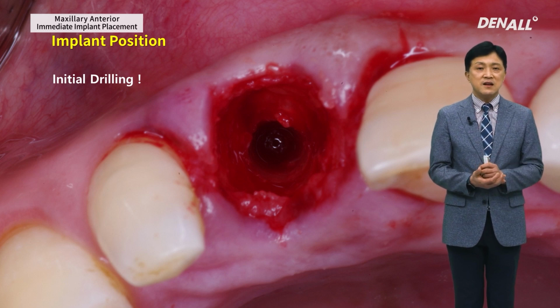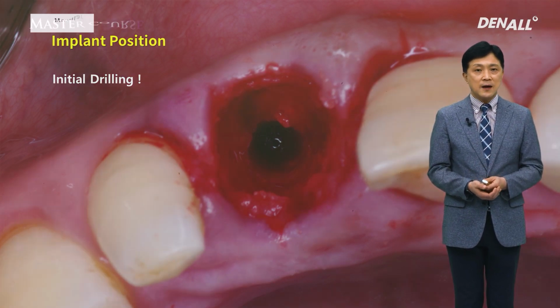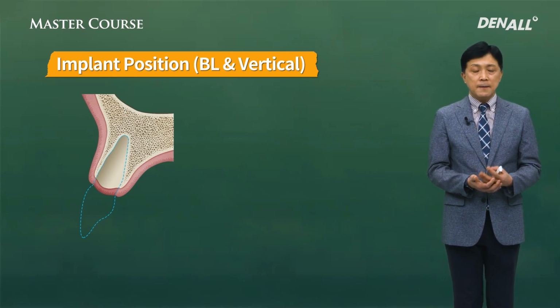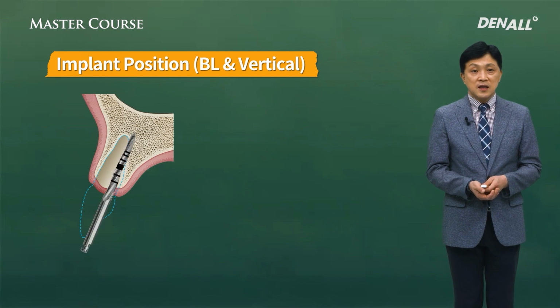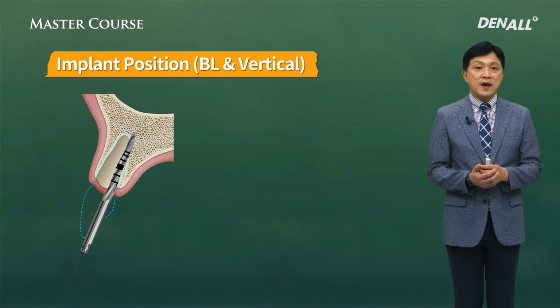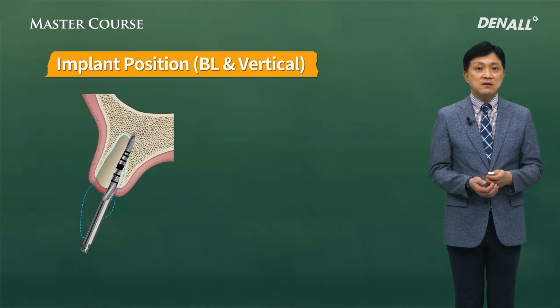If you look at this illustration, this is the extraction socket after extraction is performed. In the extraction socket, initial drilling is usually done on the palatal slope, and you need to maintain the drilling.